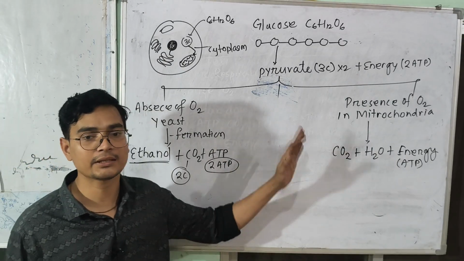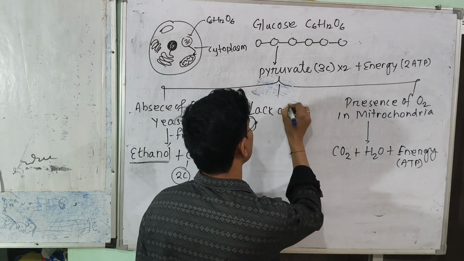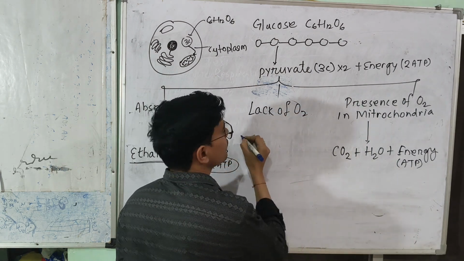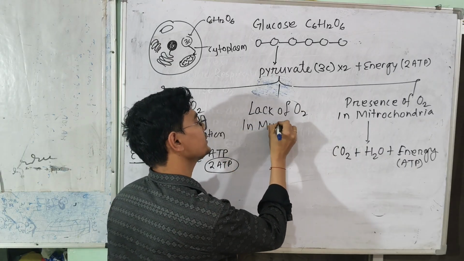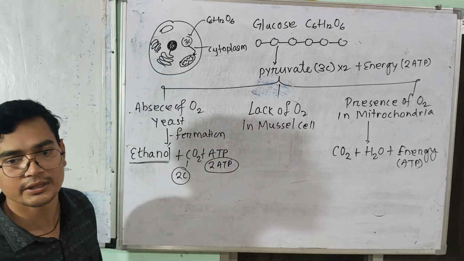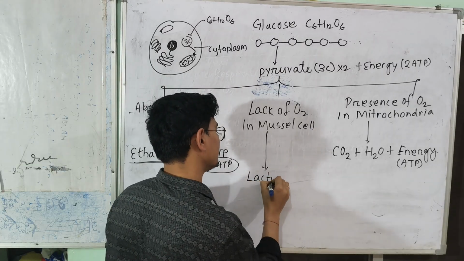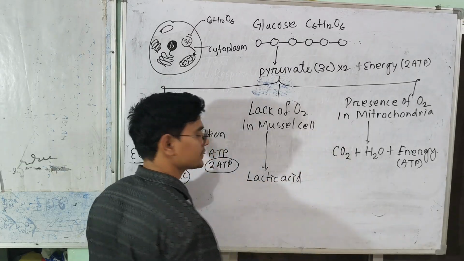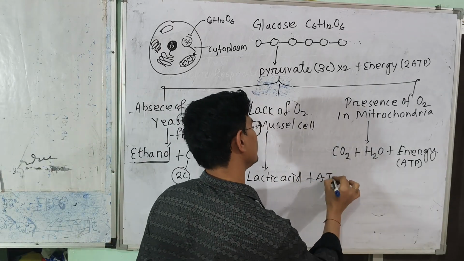And last is the lack of oxygen, which is performed in our muscle cells. In muscle cells, with lack of oxygen, lactic acid and ATP are generated.